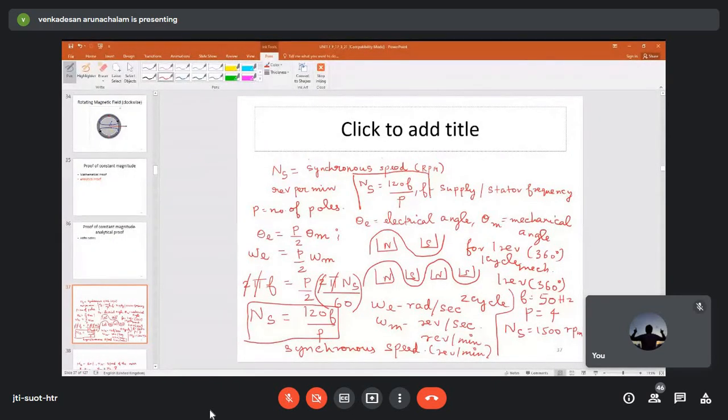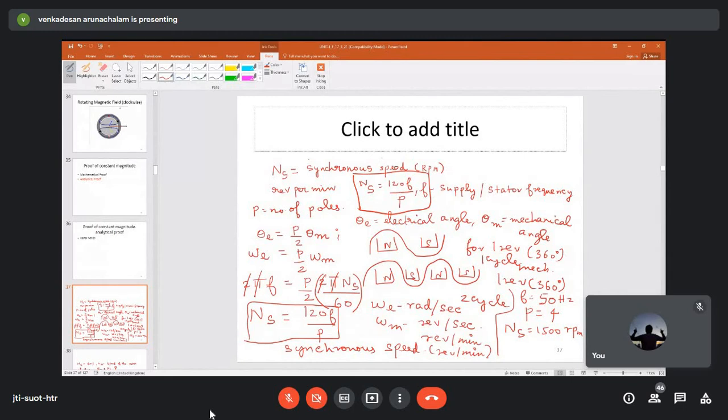The speed of the rotating magnetic field depends upon the frequency of the supply. In other words, it is called the stator frequency, because you are feeding the stator winding with the three-phase supply, which has the frequency f, and p is the number of poles.